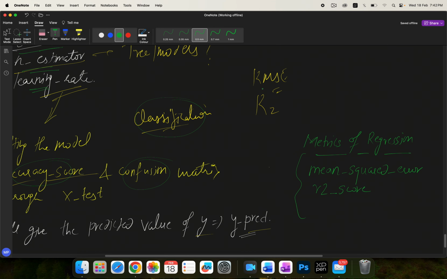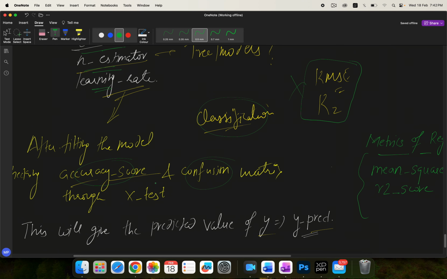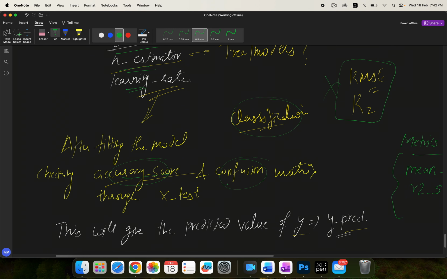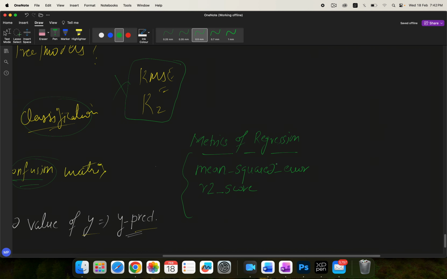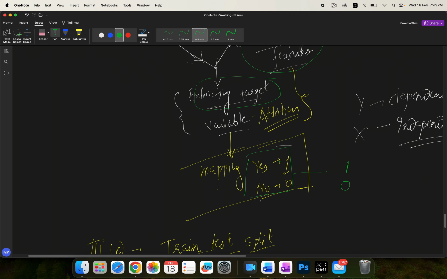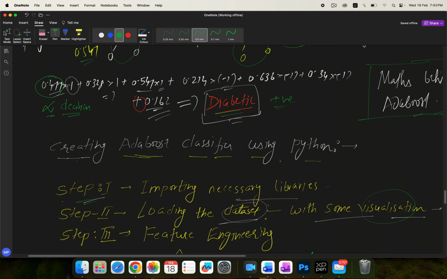For regression tasks, which we are not doing right now, we would go for R2 and RMSE. Presently we just have to concentrate on the accuracy score and confusion matrix. So this is how we will be building the classifier using Python. So let's do it.